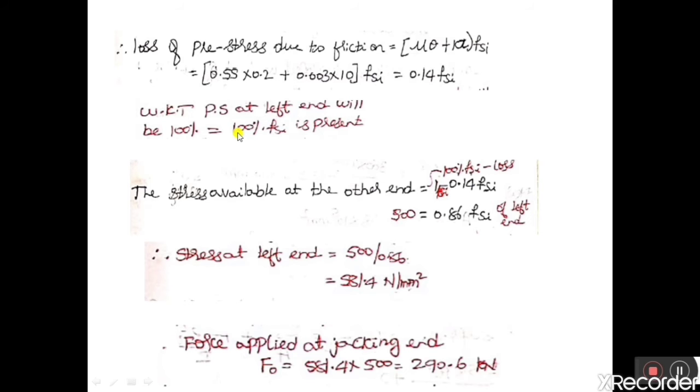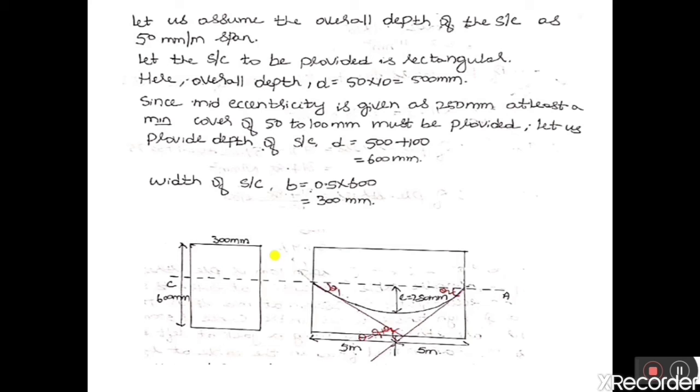And we know that the pre-stressing force applied at the left end will be full. If I apply a pre-stress of 1000 Newton per mm square, then the stress at this point will be 1000 Newton per mm square only. The losses at this end will be 0.